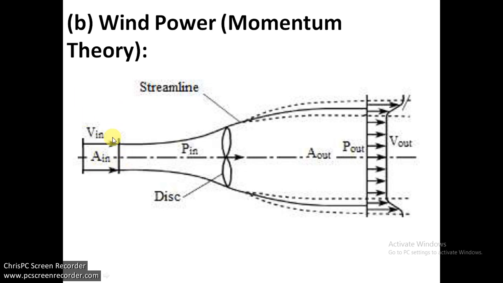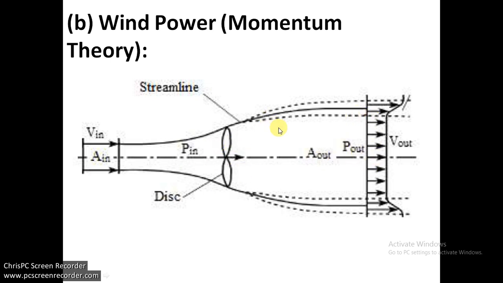The velocity of wind at the inlet is V in, and the velocity at the outlet is V out. The areas are A in and A out, and P in and P out are the power obtained at these points.